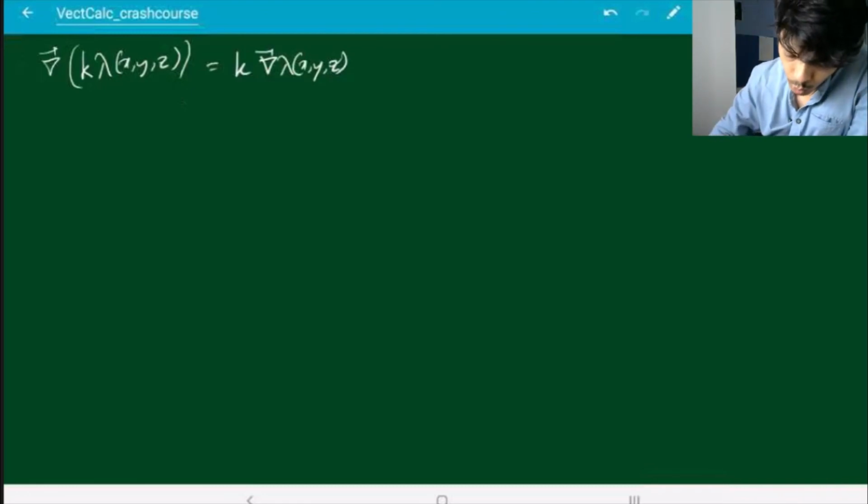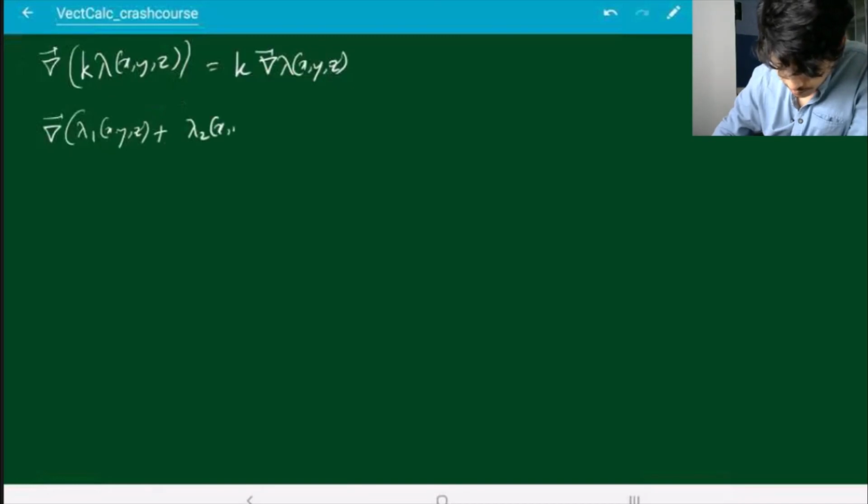Then if I have two scalar functions, and if I want to take the gradient of the sum, lambda 1 plus lambda 2, then this is just the individual gradients summed up.